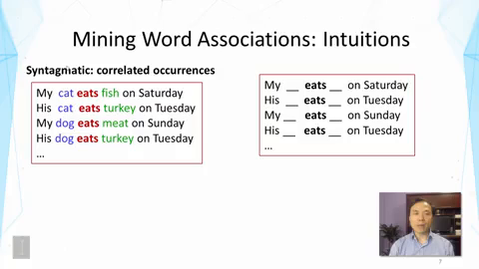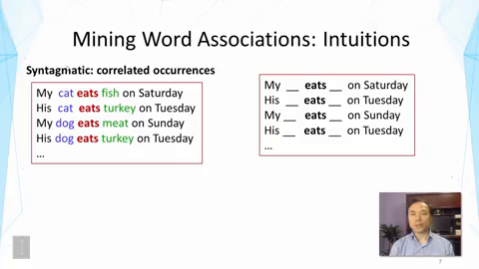What about the syntagmatic relation? Well, here we're going to exploit the correlated occurrences, again based on the definition of syntagmatic relation. Here you see the same sample of text, but here we're interested in knowing what other words are correlated with the verb eats, and what words can go with eats. And if you look at the right side of the slide, I've taken away the two words around eats.